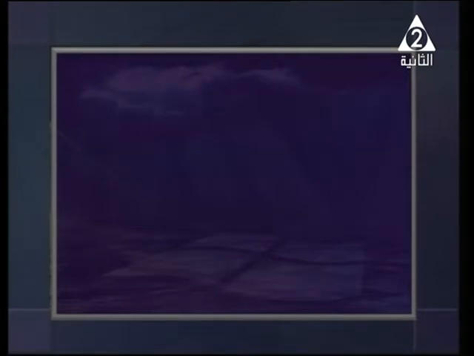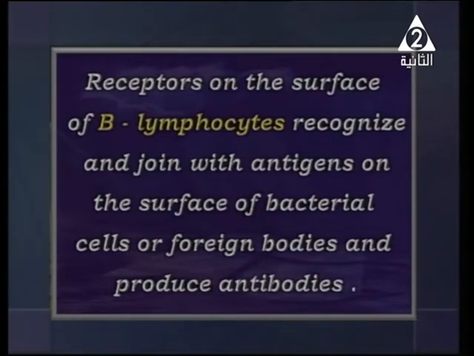After that, the receptors found on the surface of the B lymphocytes in your body. They're a group of receptors spread over the cells of your B lymphocyte. What do they do? They want to collect some information, so they recognize and join with the antigens on the surface of the bacterial cells or foreign bodies.